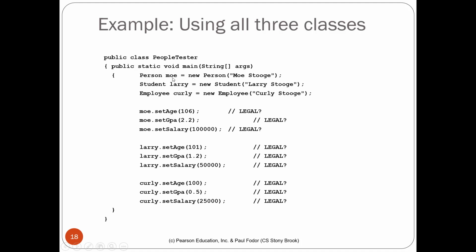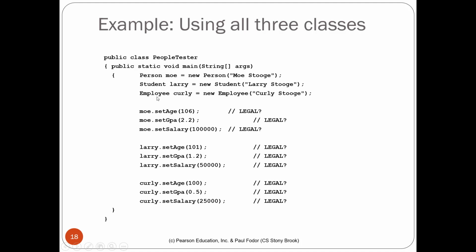You're saying Person mo = new Person, so you're calling the Person constructor. This object is of type Person, and you're providing the name of the person, Mo Sturge. The student's name is Larry, and you're using the Student class: Student larry = new Student, Larry Sturge.